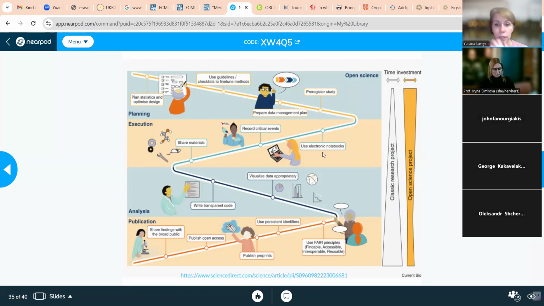Then you use electronic notebook to fix or to focus on maybe some concerns, ideas, insights. You record critical events. You share materials, share your tools, and you also use open repositories. And you remember, everything that you upload is flexible.